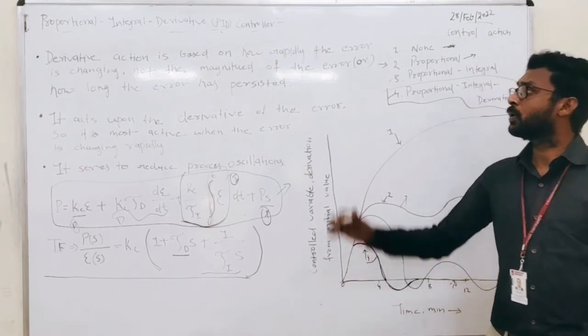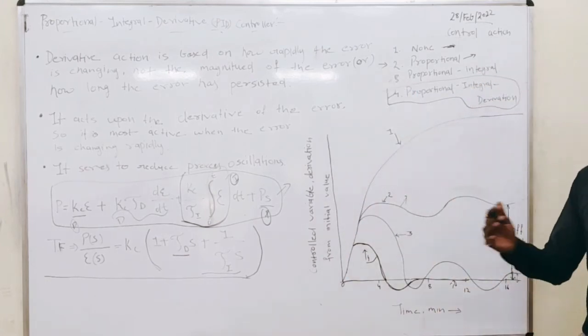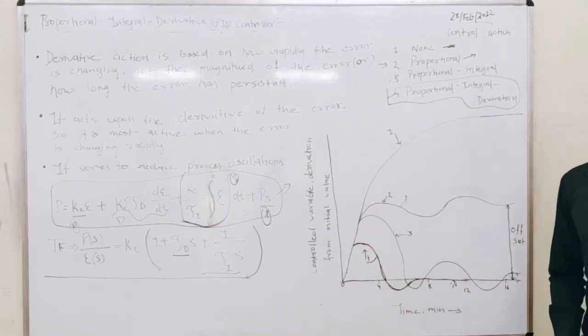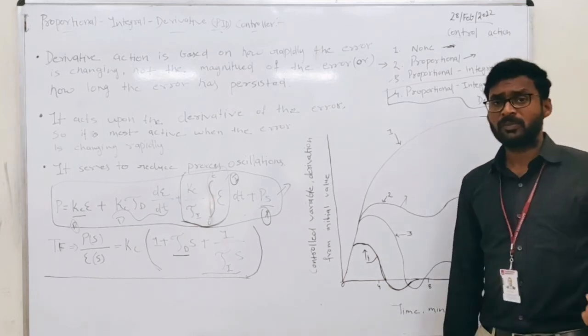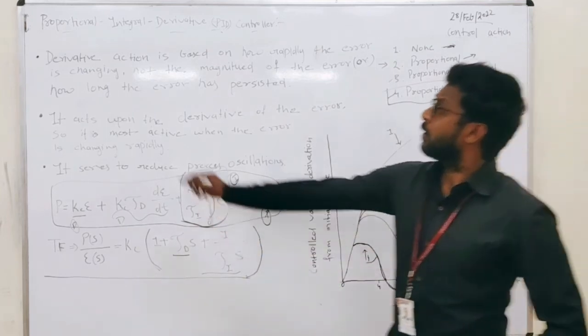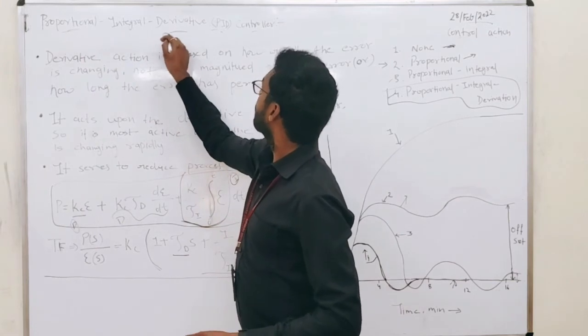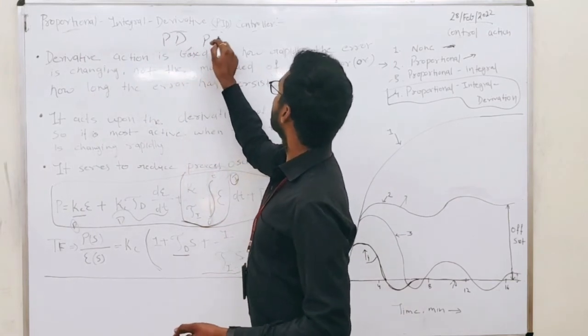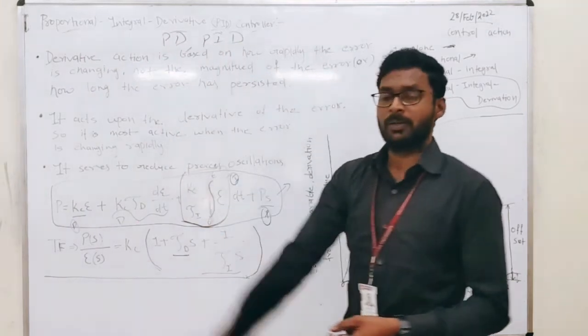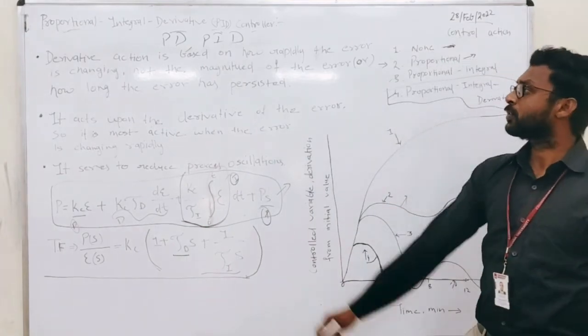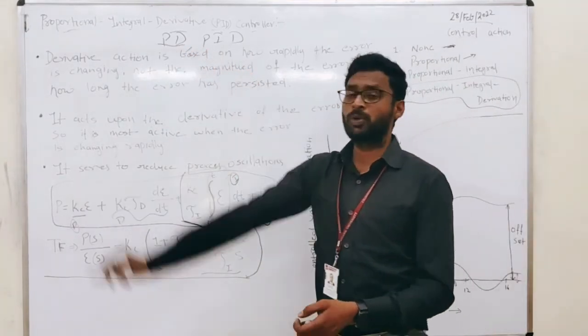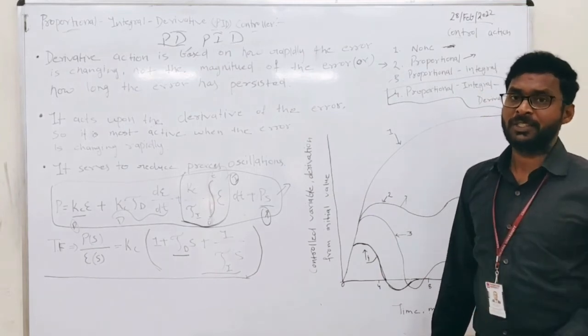Okay, I hope you are clear with all the types of controllers. In most industrial cases, people use PI and PID controllers, because they remove the oscillations.